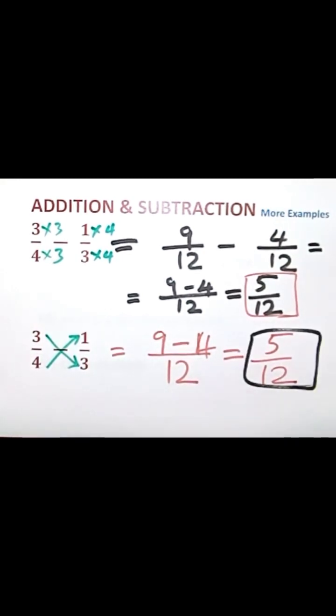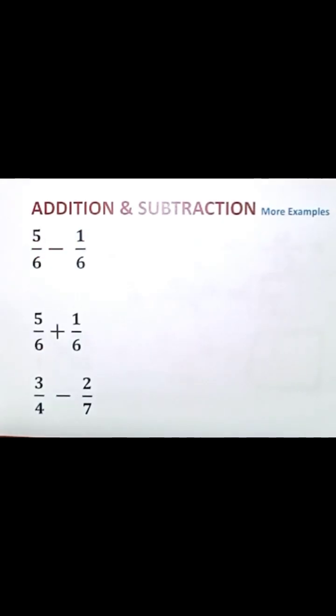So we got the same answer from both methods. Both methods are actually very easy and they produce the same answer. Still more examples to entrench our understanding of how to perform addition and subtraction on fractions.